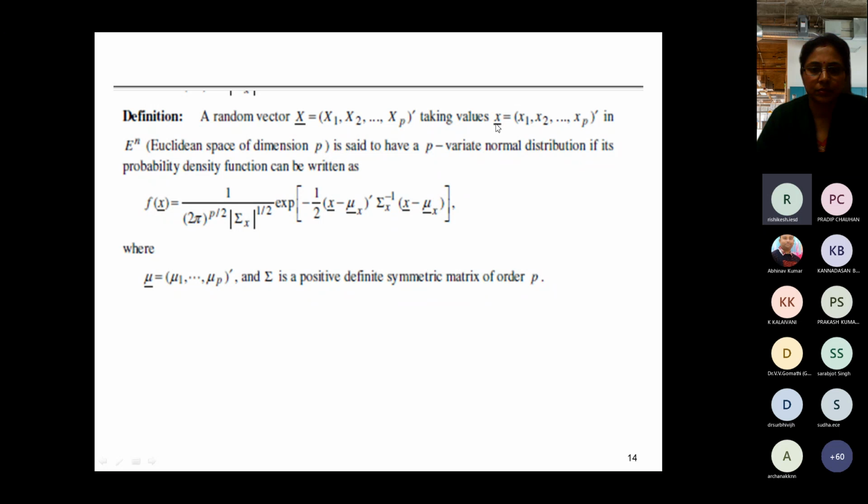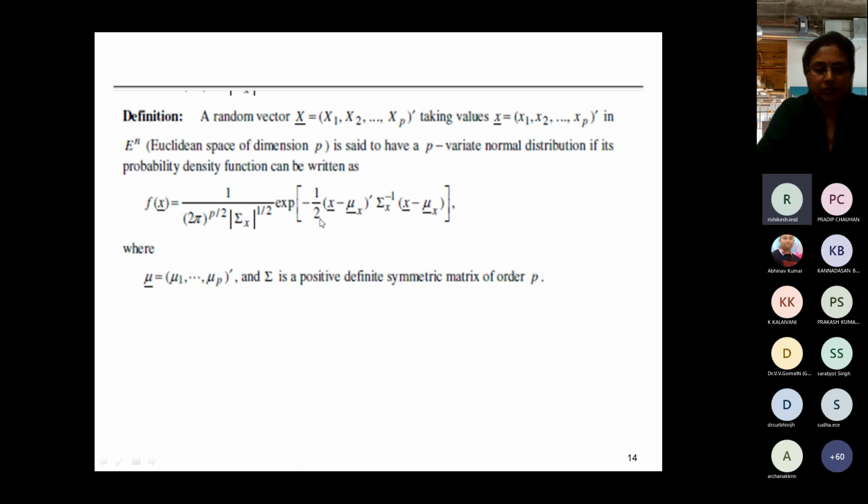Taking the sample values x1, x2, xp in Euclidean space of dimension p, it is said to have a p-variate normal distribution if its probability density function can be written like this: f(x) equal to 1 upon (2 pi)^(p/2) |sigma_x|^(1/2) ... Now this sigma x is known as the variance covariance matrix.